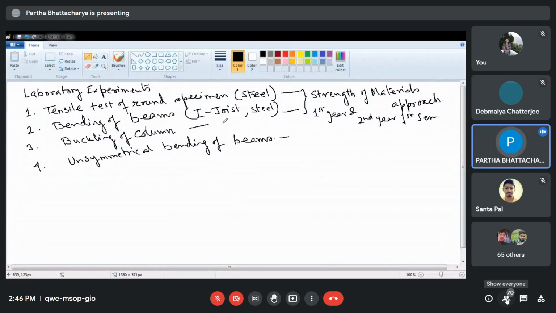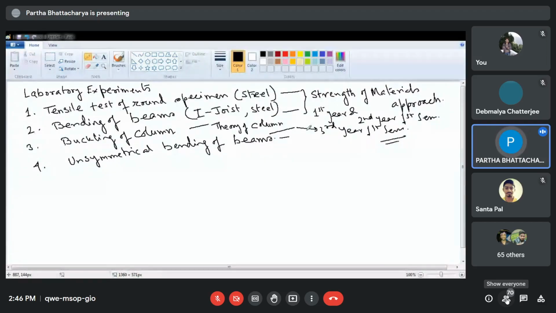The major crisis with the new syllabus that we have understood is buckling of column. The theory of buckling of column is in the third year, first semester. So this is the biggest problem with this particular experiment.